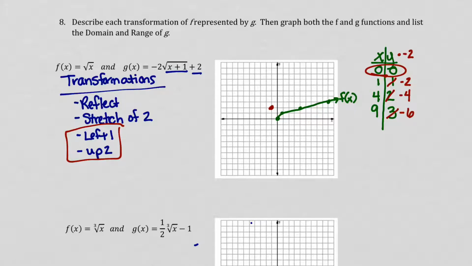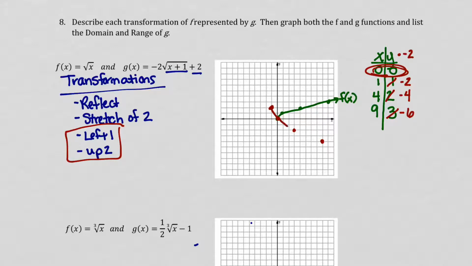So then I plot these points from my new 0, 0, which was right here. From that point, I'm going to go right 1, down 2. From that new 0, 0, I'm going to go right 4, down 4. And I go right 9, down 6.